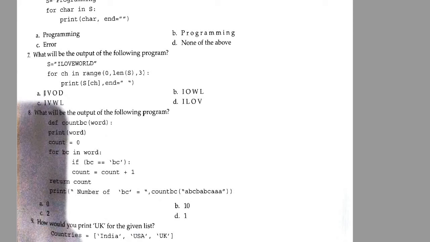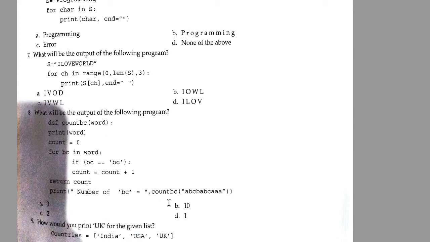Now return count, print number of BC, count_BC. Now the string is this. You have to count if there is any BC, the number of BCs. What will be the answer? The answer will be 0.